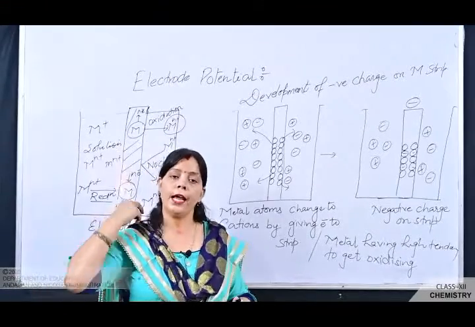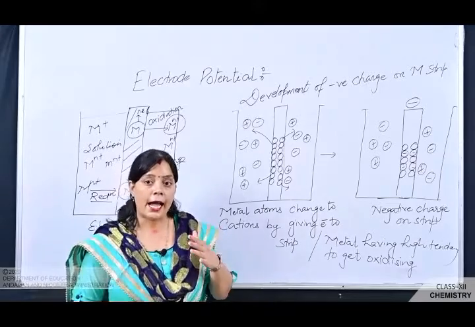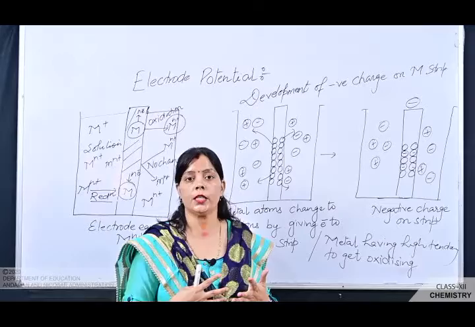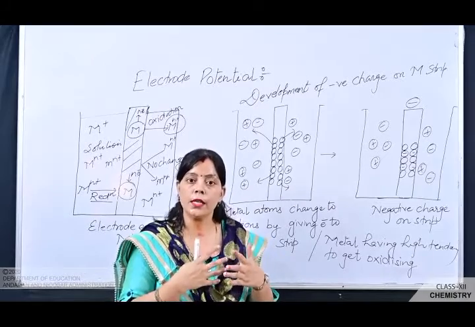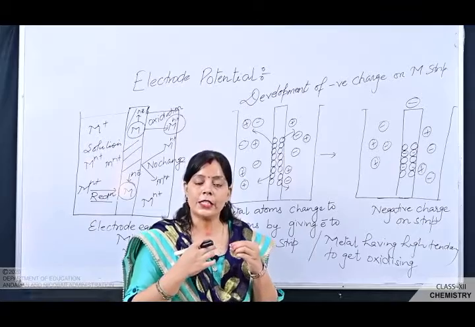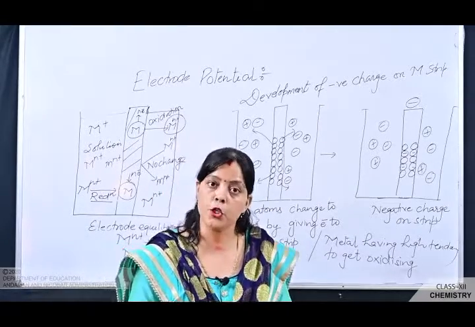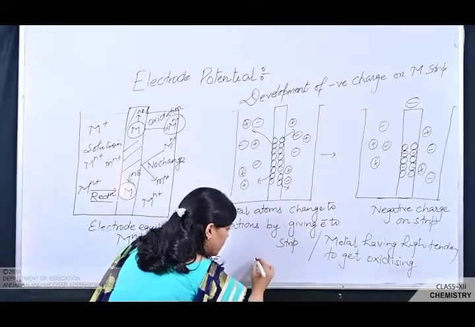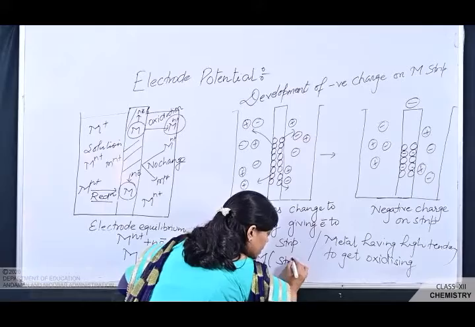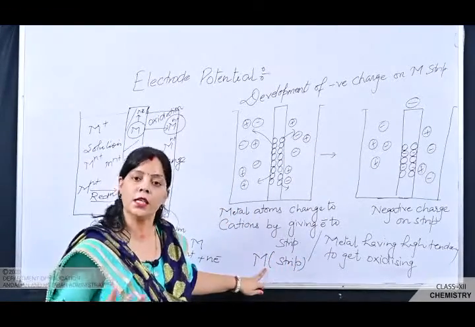Now, if the metal has relatively high tendency to get oxidized, its atoms would start losing electrons, because in the case of oxidation reaction the atoms lose their electrons, and when the atom loses its electron, it changes into ions and passes into the solution. The reaction may take place as shown, with the metal atom present in the strip.